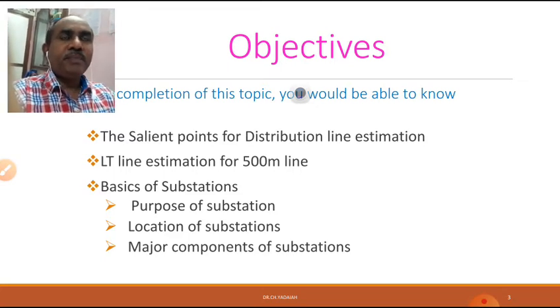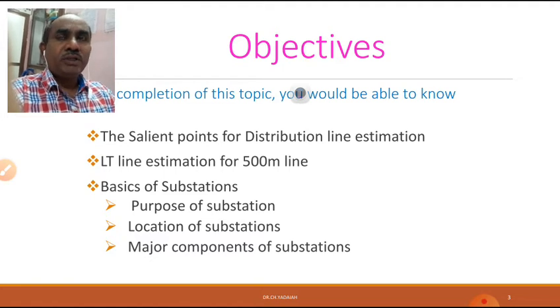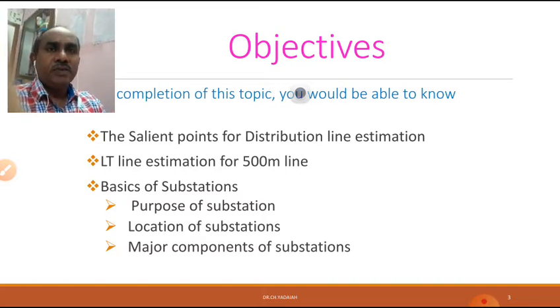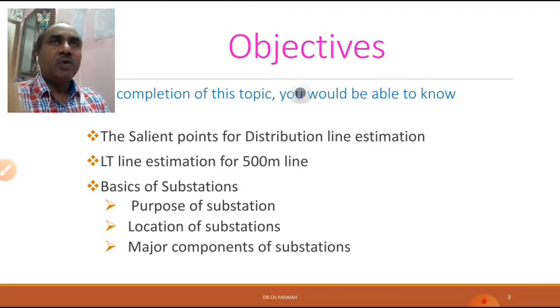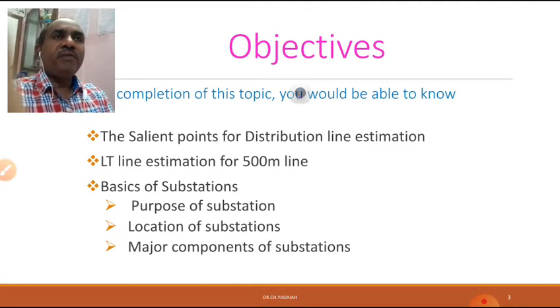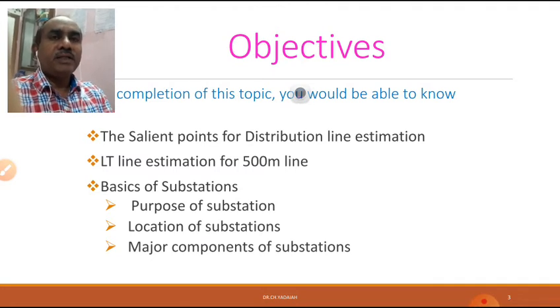At the same time, due to our technology improvement day by day, we are utilizing non-conventional energy sources like solar energy, wind energy, tidal energy, wave energy, and biogas energy to generate our electrical energy.